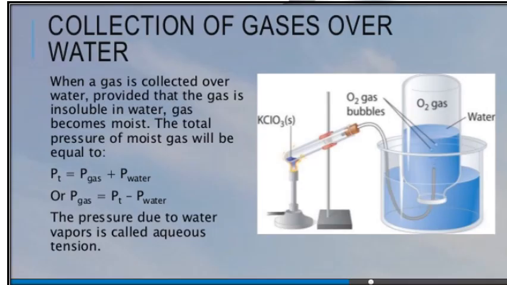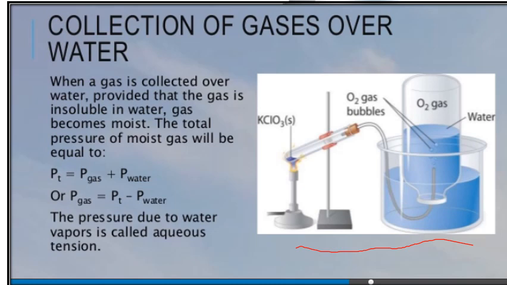Now here it shows the collection of gases over water. This is the apparatus shown for the collection of oxygen. Potassium chlorate when heated in a test tube, you can see here there is a delivery tube which is attached and it is moving inside this gas cylinder, which is inverted within the container having the water in it.